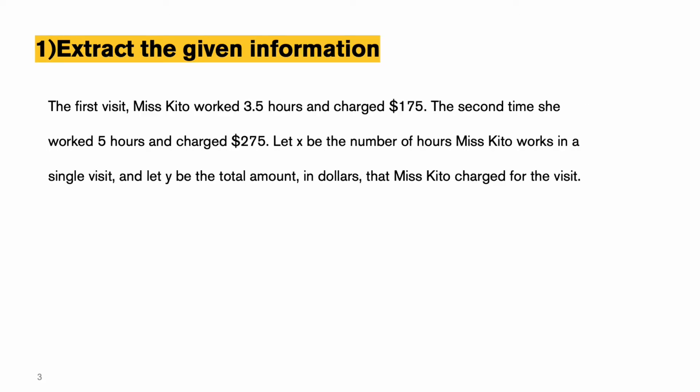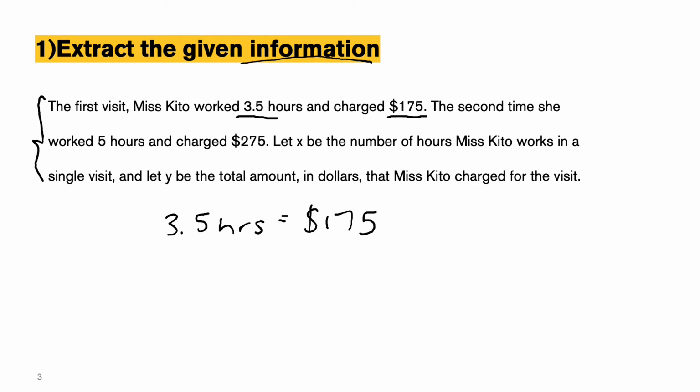So typically the first thing that I like to do when I see a word problem like this is to extract the important information. So we've written out the paragraph here but kind of cut out all the background. So going through it, for the first visit, Ms. Keto worked 3.5 hours and charged $175. So then I would write that as 3.5 hours is equal to $175.